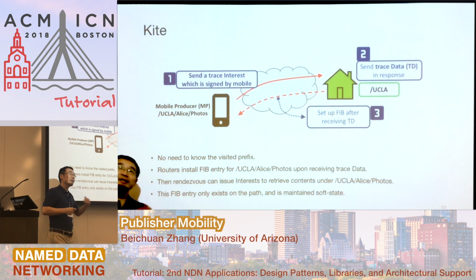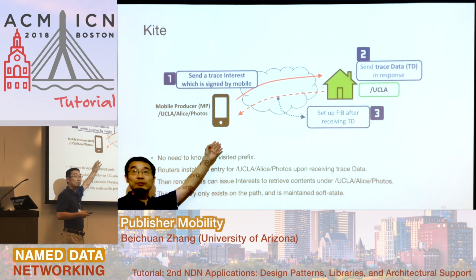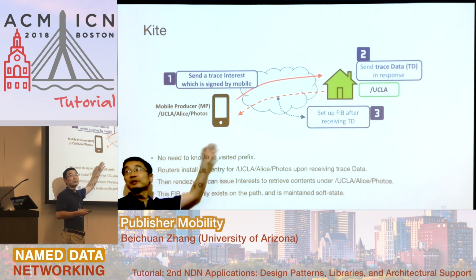So the trace data is a confirmation to say, okay, let's reverse the path identified by the PIT entries so that we have working forwarding entries from the rendezvous back to the mobile. After that step, the rendezvous can keep sending regular interest towards the mobile and retrieve the data back.